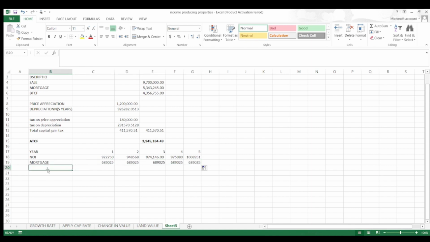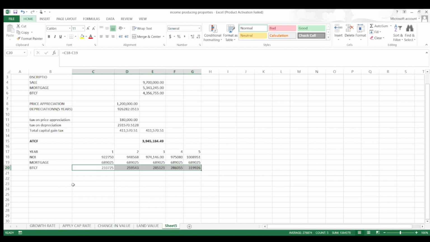So with this, we now have our before tax cash flow, which in this case is equal to the net operating income less the mortgage. You can simply drag it. Now that's the before tax cash flows.